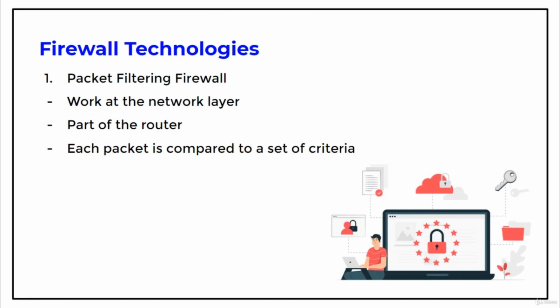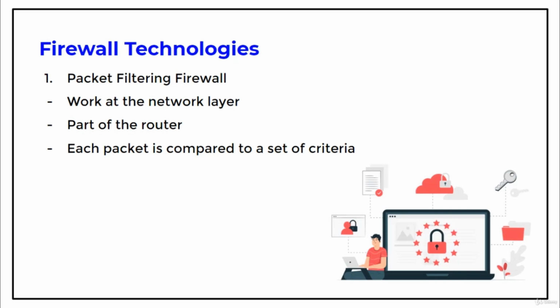Now, packet filtering firewalls treat each packet in isolation. They have no ability to tell whether a packet is part of an existing traffic stream. They can only allow or deny the packets based on unique packet headers. Packet filtering firewall maintains a filtering table which decides whether the packet will be forwarded or discarded.